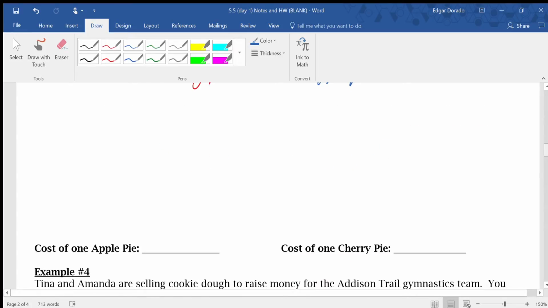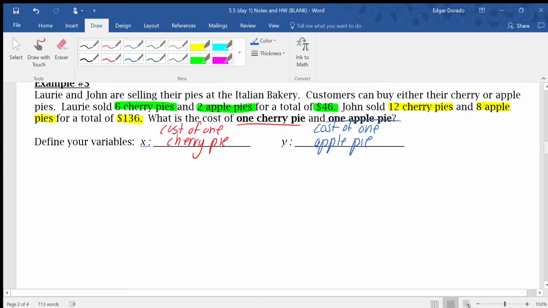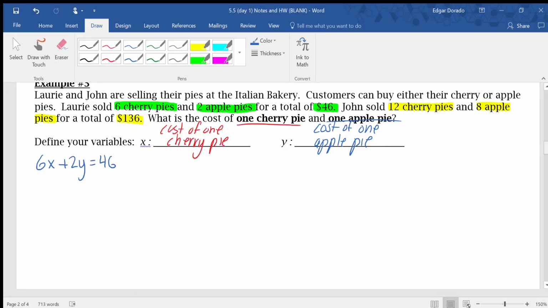In green, I can see I have 6x plus 2y equals 46. That's my first equation. And then the equation that John is modeling would be 12x plus 8y equals 136. All right, we have our system.